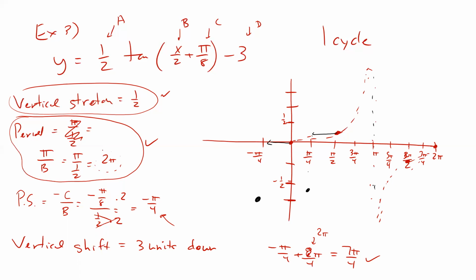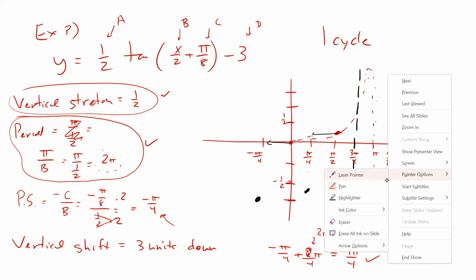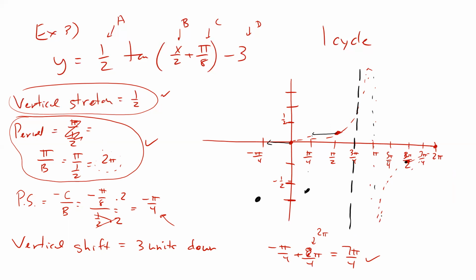Or asymptote. Remember this asymptote at pi? That has to be shifted over. Wait, so both of them are done? Like pi over 4 and negative pi over 4 are both in the same place? No, this one's right at -3. This one's at -2.5. Oh, my vertical asymptote is at 3 pi over 4. This little 3 pi over 2, -1/2 now becomes 5 pi over 4, -3.5.